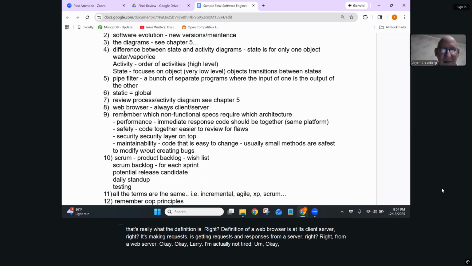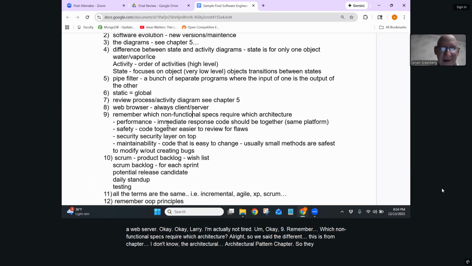Okay, number 9. Remember which non-functional specs require which architecture? This is from the architectural pattern chapter.